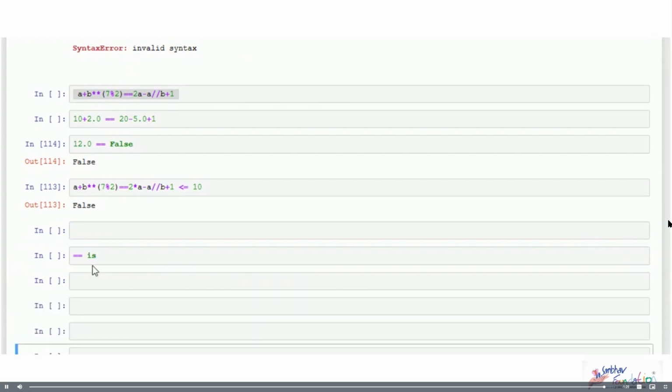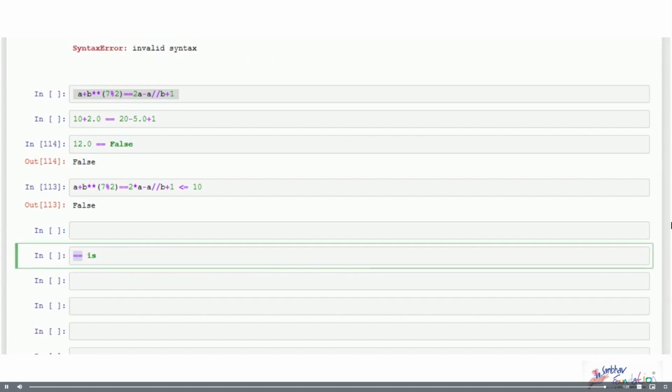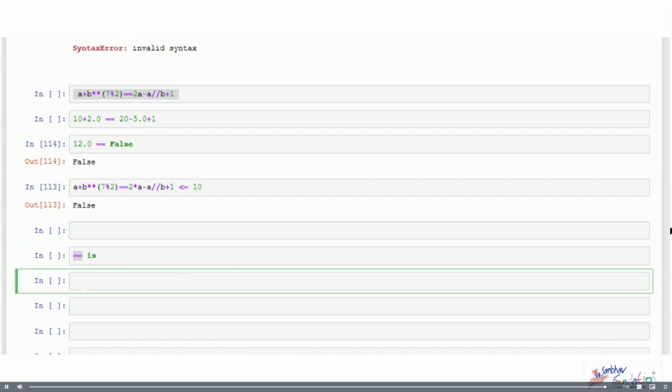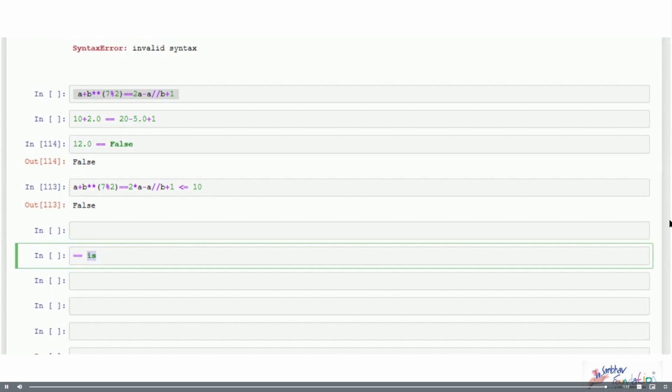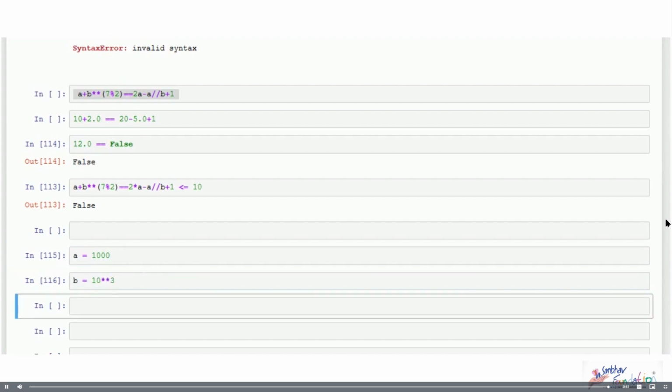So if you have listened properly, again let me tell you, equal to checks for the value of the objects if they are the same, and is checks if the objects are the same. What I mean by that is, let's say I have something like a equal to 1000, fine, and then I have b equal to 10 power 3. Okay, so we have two variables a and b.